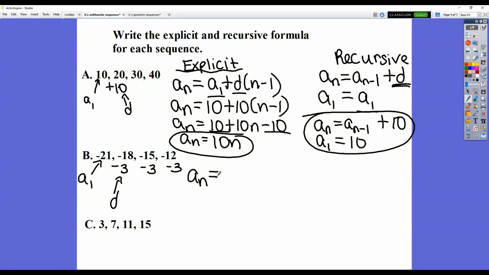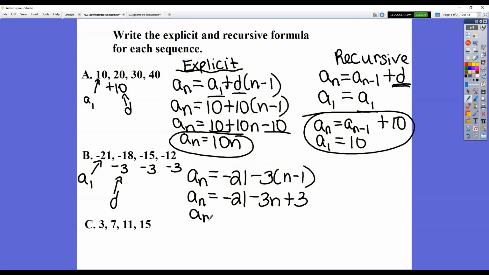So then we write A sub 1 is negative 21 minus 3 times n minus 1. And then we distribute. So this becomes A sub n equals, I'm going to put n first, negative 3n minus 18. There's our explicit formula.